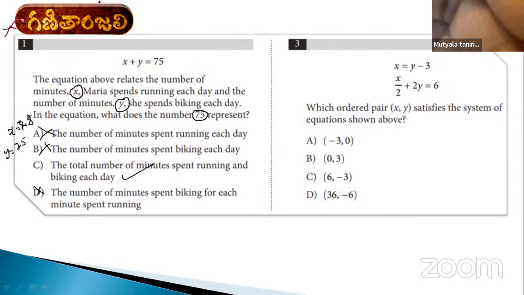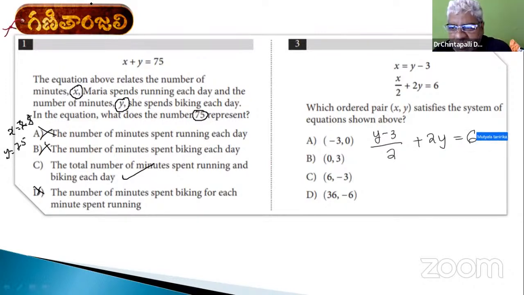So it's (y minus 3) by 2 plus 2y equals 6. Good. We can multiply by 2 on both sides.